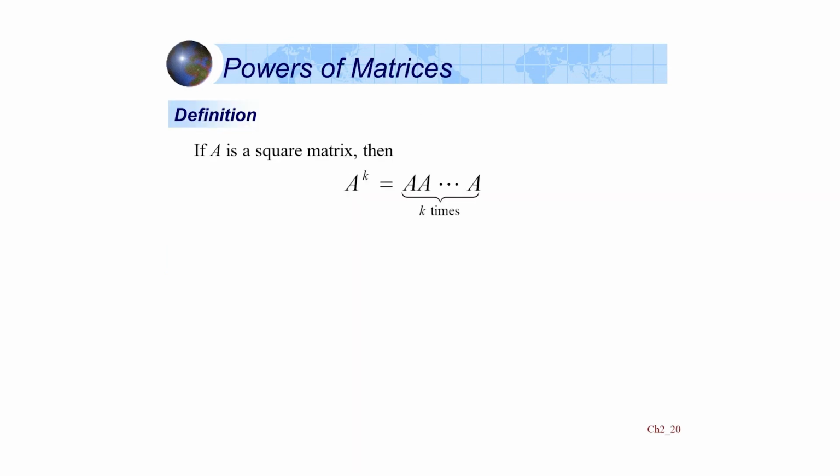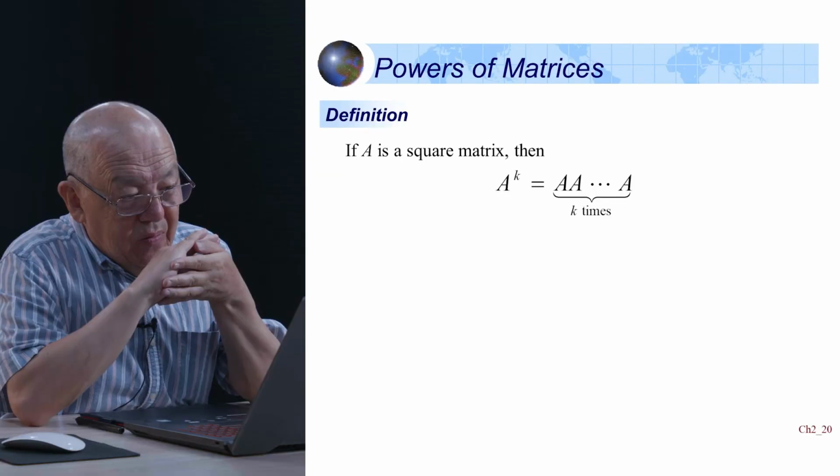Now, among the matrices, square matrices are important. Why? Because if you have two square matrices of the same size, you can add them and get again a matrix of the same size. You can multiply them, again getting a matrix of that size.